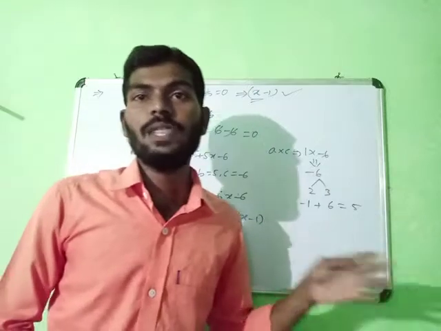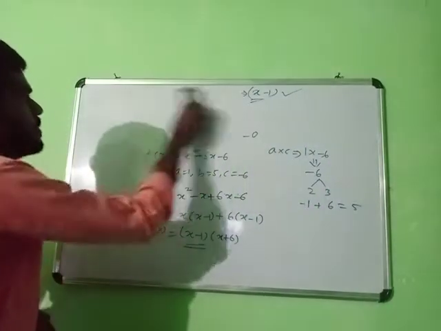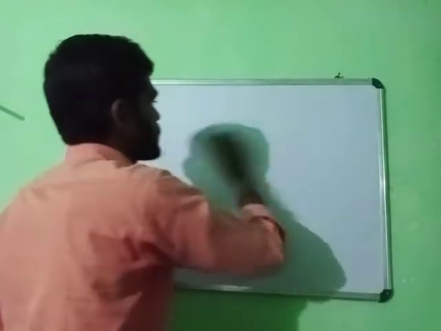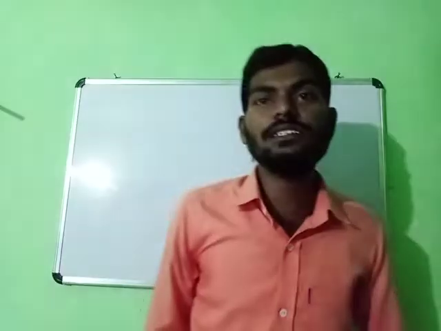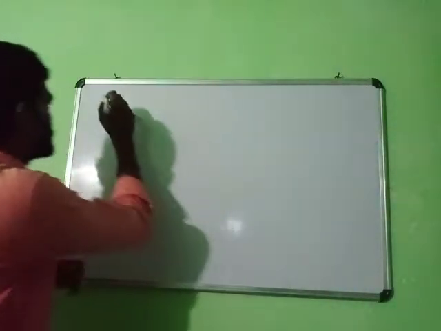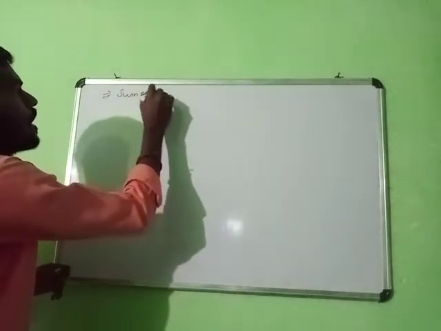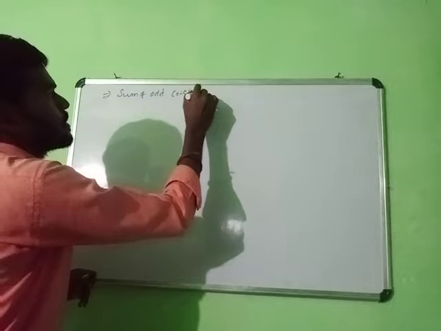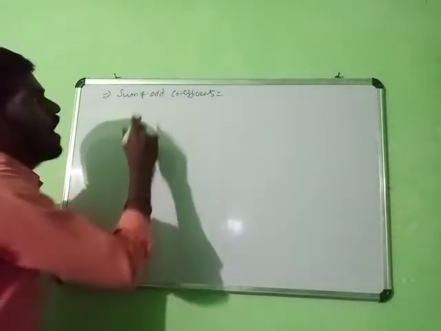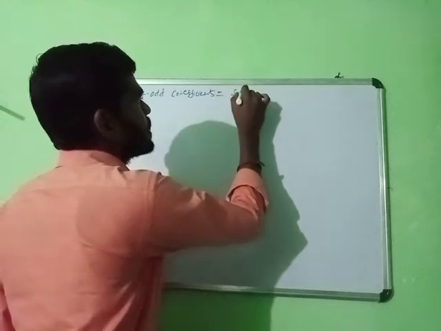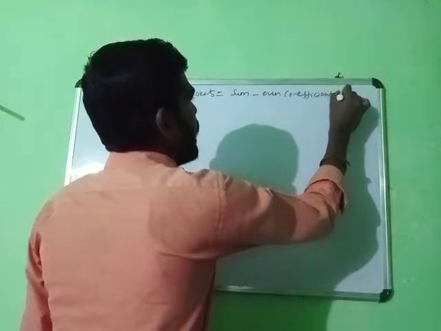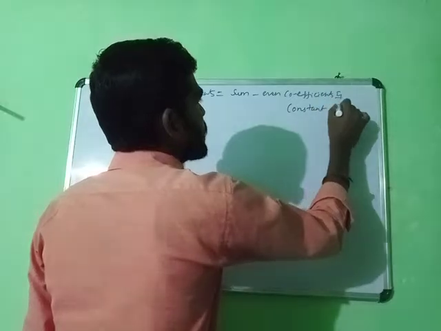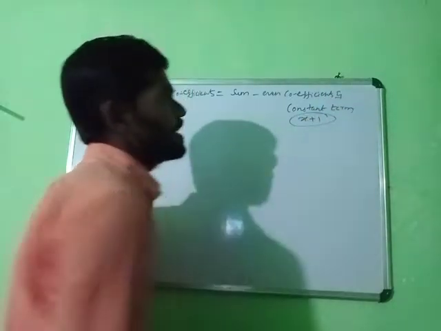And the second one is: if the sum of the coefficients of odd powers of the variable is equal to the sum of the coefficients of even powers of the variable and the constant term, then x plus 1 is a factor.